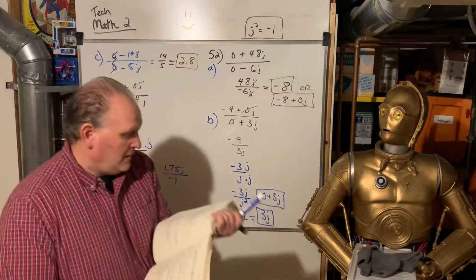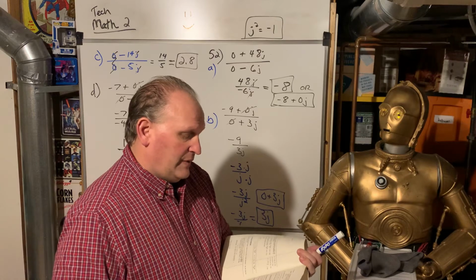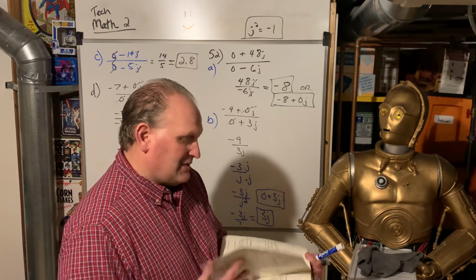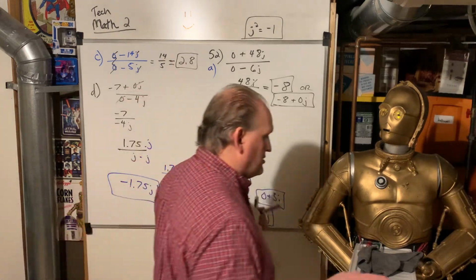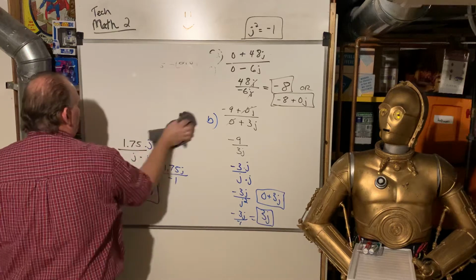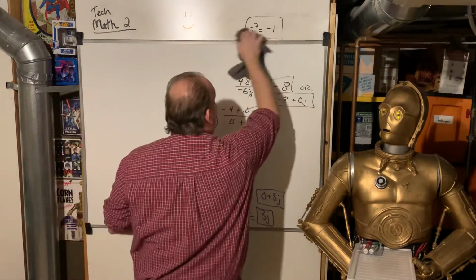All right, and then the last one that I want to show you is you can key these into your calculator. On the TI-83 and 84, they don't use j, they use i. So I'll show you where to find that.